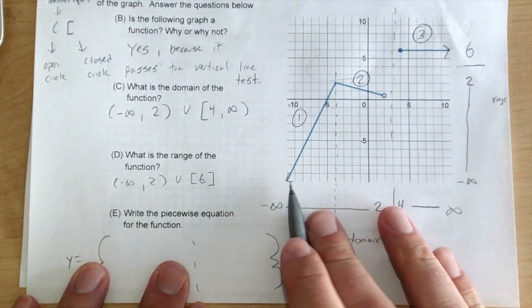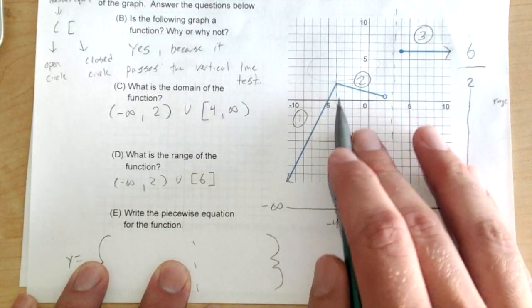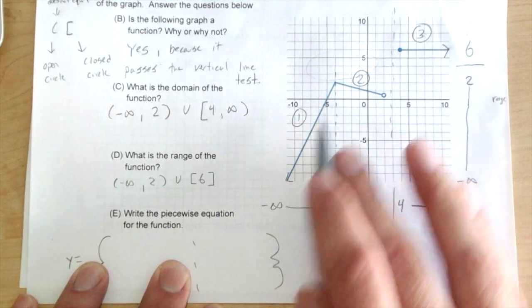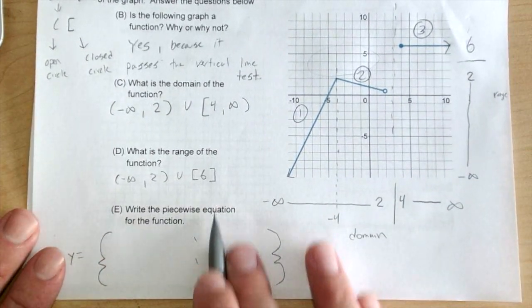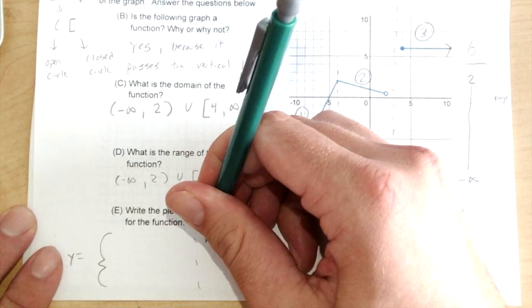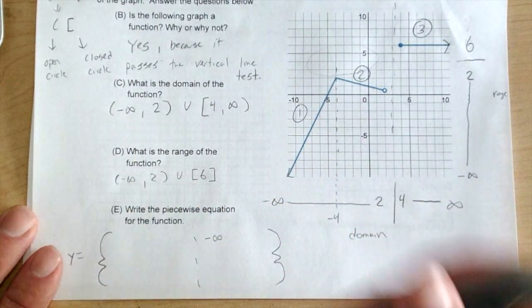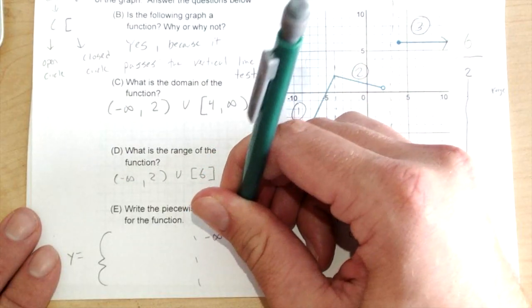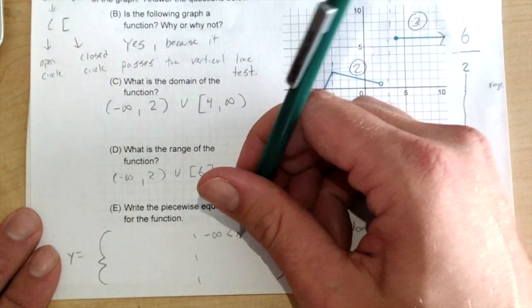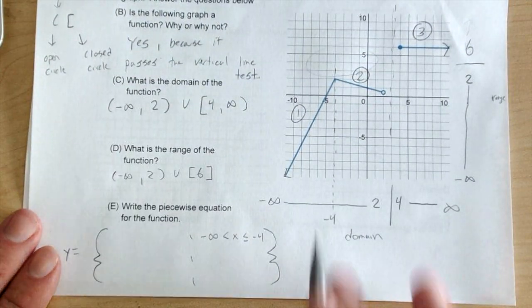So my first section is from the very beginning, negative infinity, and stops at negative 4. Okay, so we're reading it from left to right for these intervals, and we have to write it now in interval form with the less than or equal to signs. So remember, this is going to go hand in hand with this. Negative infinity is less than x, which is less than or equal to negative 4.